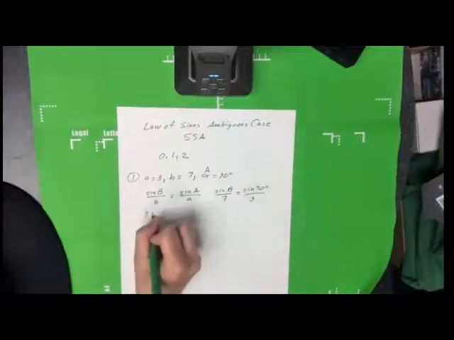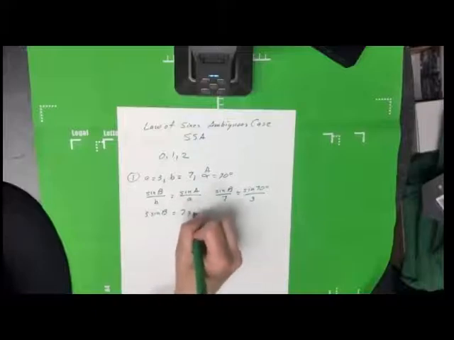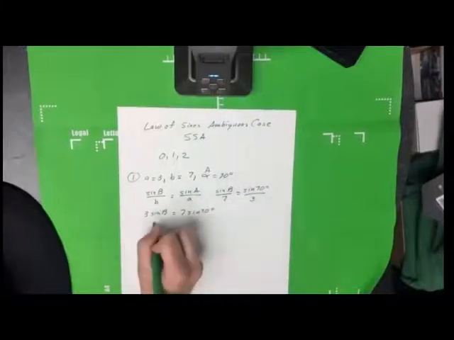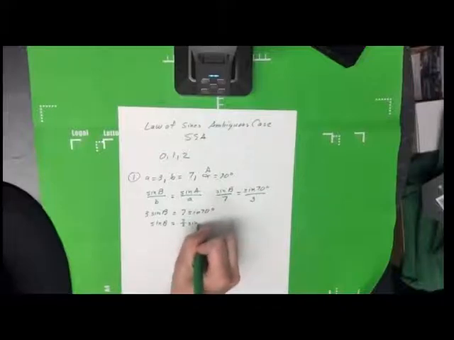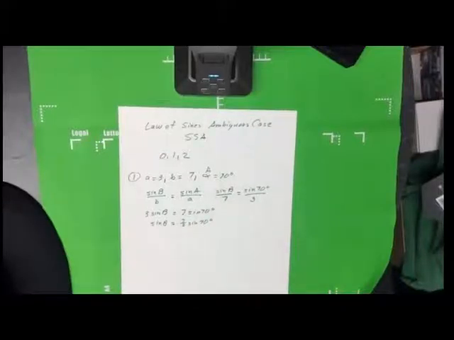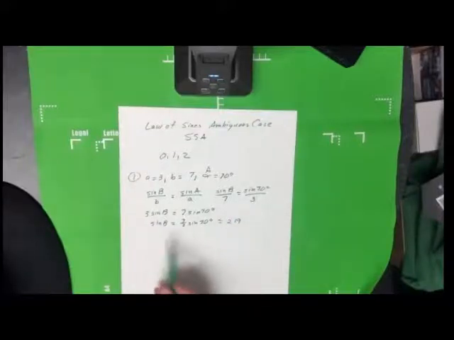I have 3 sine B equals 7 times the sine of 70 degrees, or that is, sine B is 7/3 sine of 70. Now, if I took 7 sine of 70 divided by 3 and put that in your calculator, it ends up being about 2.19. So we're saying that the sine of some angle is 2.19.